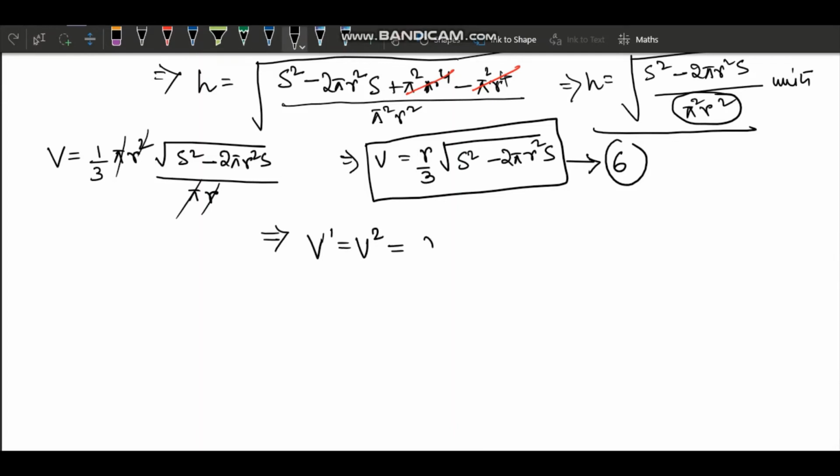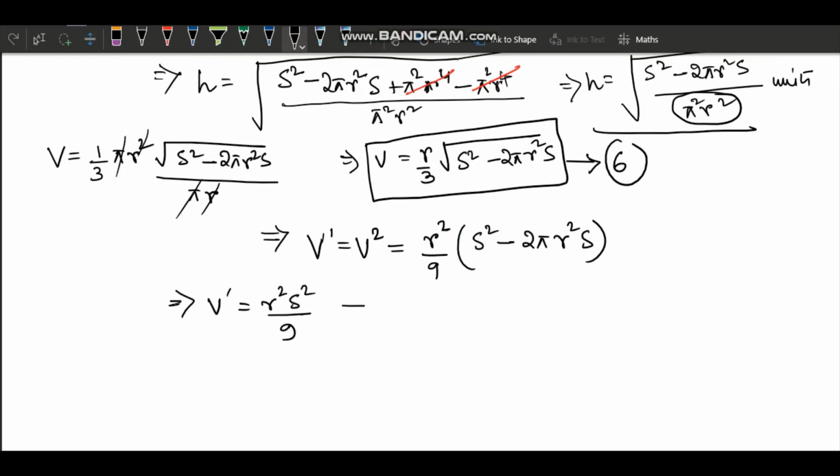So this is going to be r square by 9 into a square minus 2 pi r square s. So we are getting v dashed equal to r square s square by 9 minus 2 pi r to the power 4 s by 9.